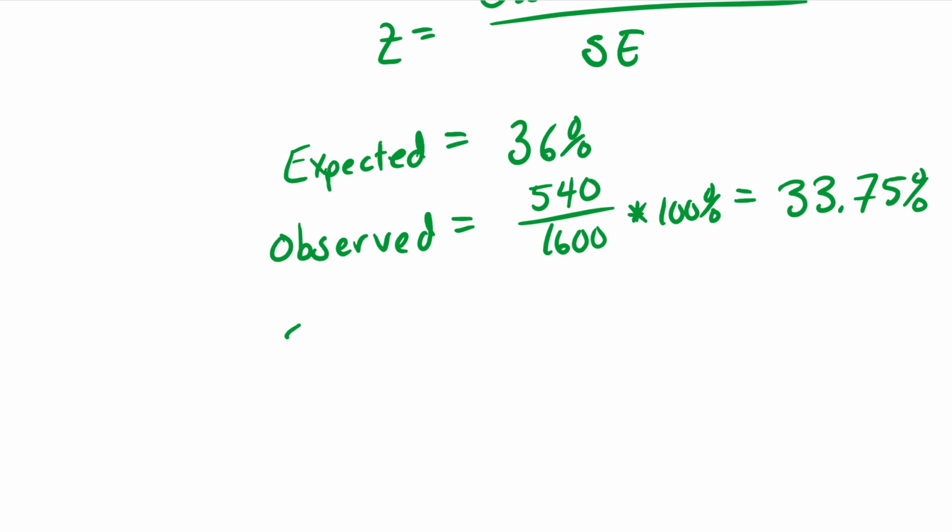We also want to calculate the SE, the standard error. Since our expected and observed value is in percents, we're going to use the formula for the SE for percent, which is the SD of the box divided by the square root of the sample size, the number of draws, times 100%.